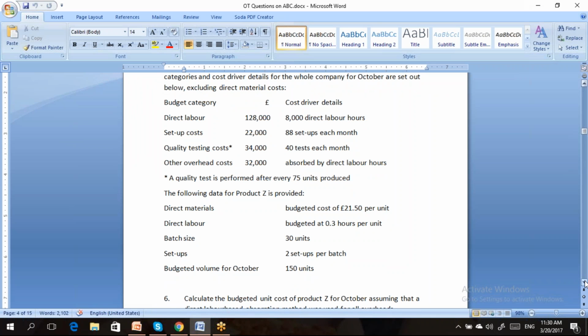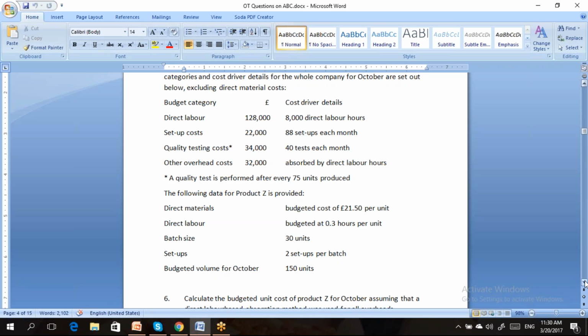So we have rightly worked out the labor hours, which is 16 per hour, which is right. Setup 250, you have worked it out. The quality testing, how did you get 30,000 divided by 40? I think that was a careless mistake again. Quality test, 40 tests, right.